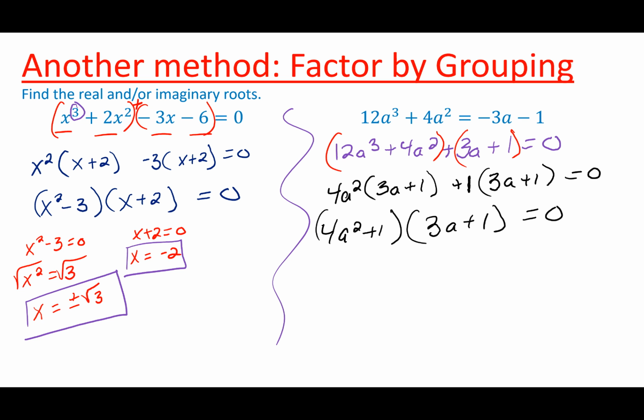Now that I have it in factored form, I can figure out how to make each one 0. So 4a squared plus 1, if I want to make that be 0, that'd be 4a squared equals a negative 1. A squared would equal a negative 1/4. A then would equal plus or minus square root of negative 1/4.